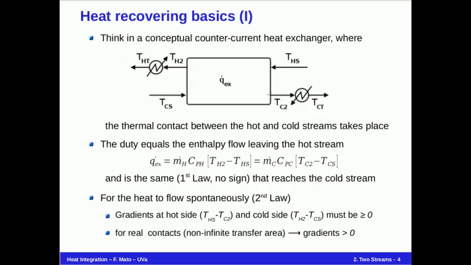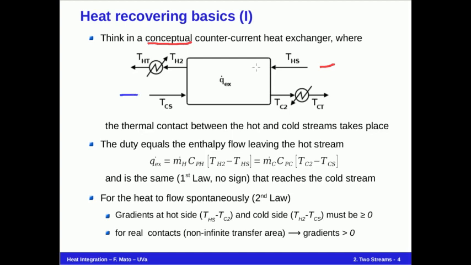We're gonna try to quantify the thing a bit. We are doing analysis, not design. This is a heat balance, but still, we can put some numbers in it. Think of a conceptual countercurrent heat exchanger, where the hot stream here passes heat to the cold stream here.